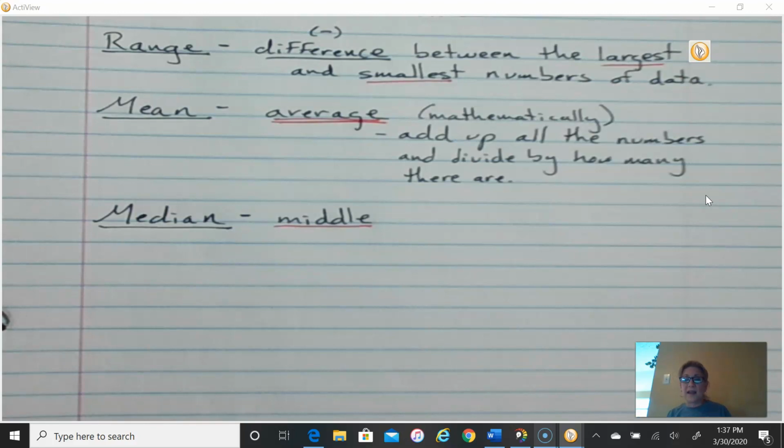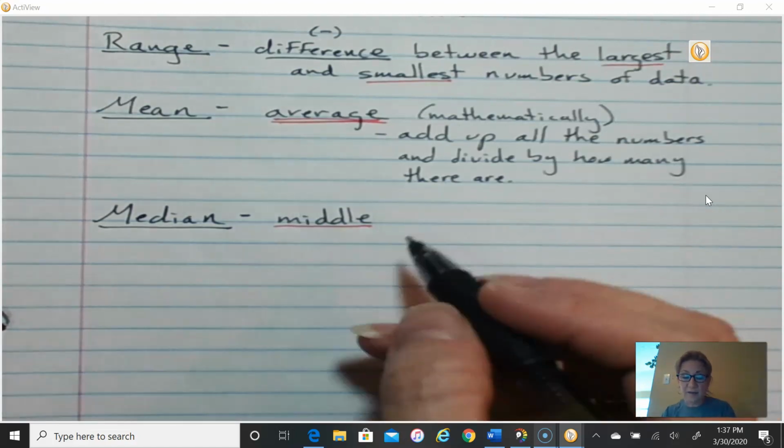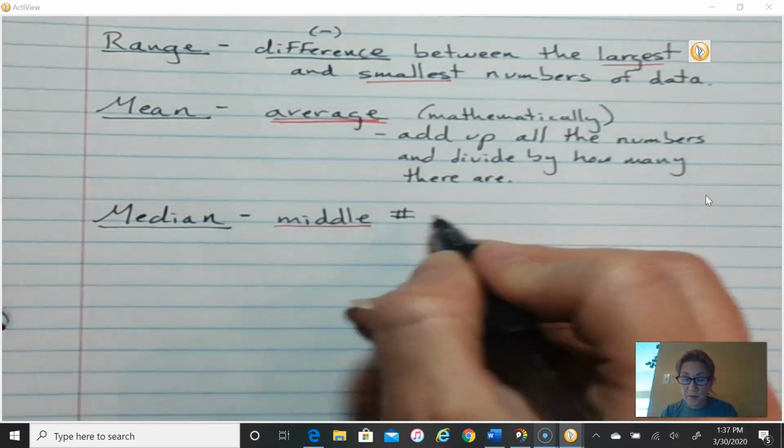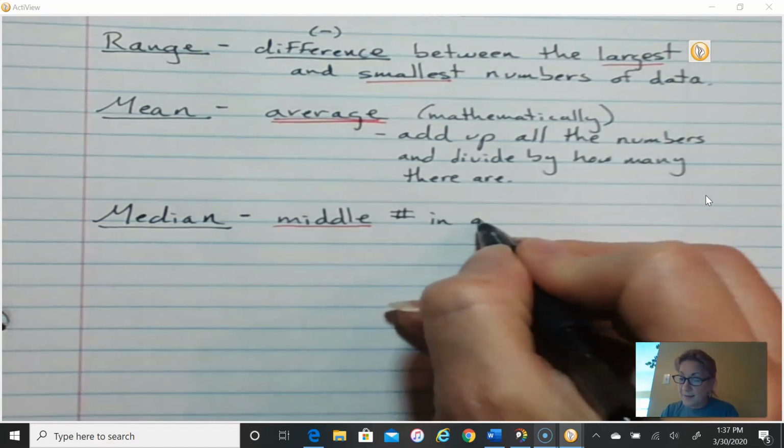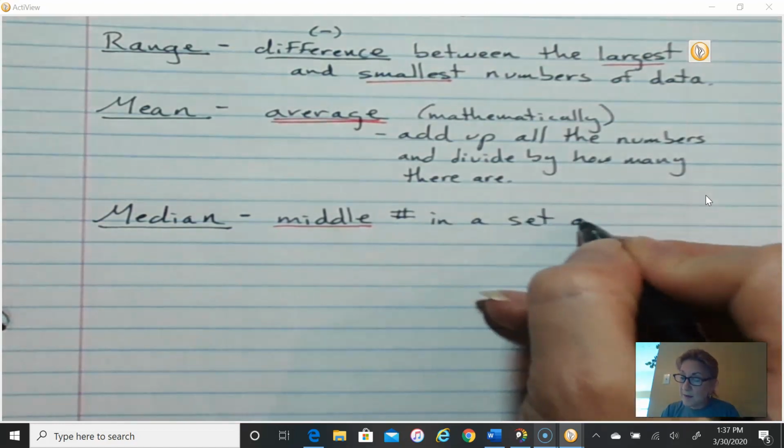Okay, a lot of times they have like down Broadway or 518 here in Pearland. The median is one lane where people go into to make turns and stuff like that. So next time, whenever you're back on the road again, look for that middle lane, and that's your median. So median's your middle number in a set of data.